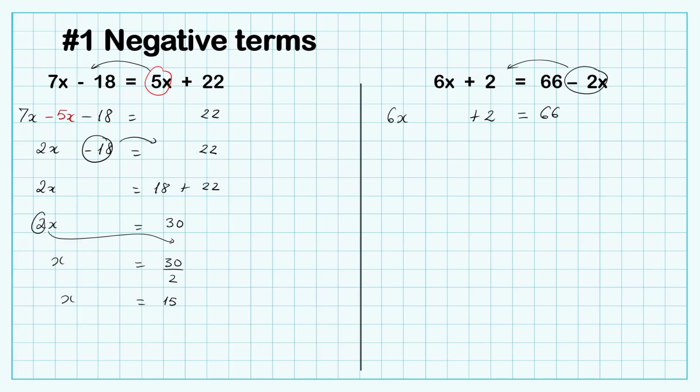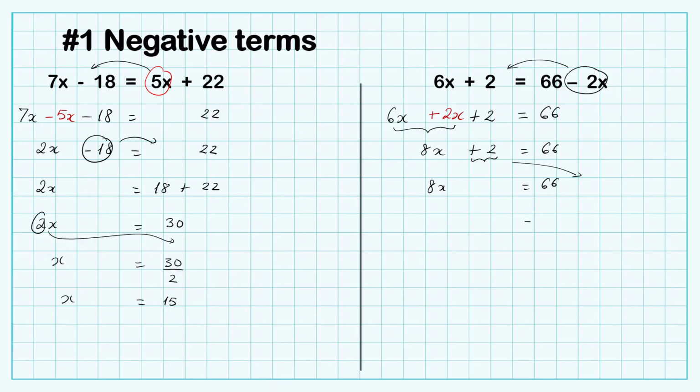So minus 2x goes onto the opposite side, and what do we write? Any guess? We're going to move minus 2x onto the left-hand side, and it becomes plus 2x in that case. Now, what happens next is that we're going to combine these two, so 8x plus 2 equals 66. And what happens after that is we're going to get rid of the 2, which will go to the other side.